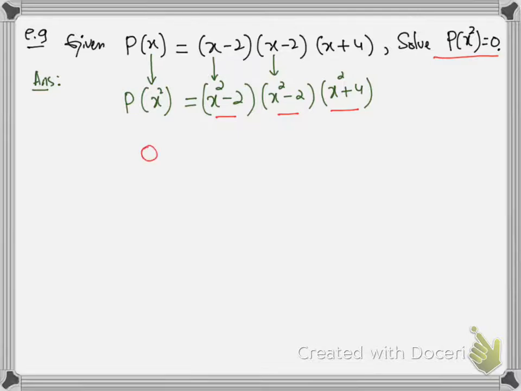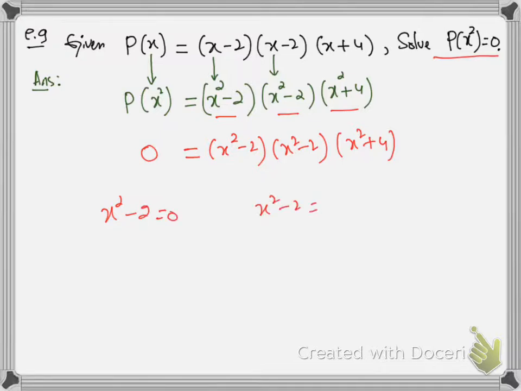So equate p of x square to 0 because it's given, and here we have x square minus 2, x square minus 2, x square plus 4. So when we solve this, we'll get either x square minus 2 equals 0, x square minus 2 equals 0, or x square plus 4 equals 0.